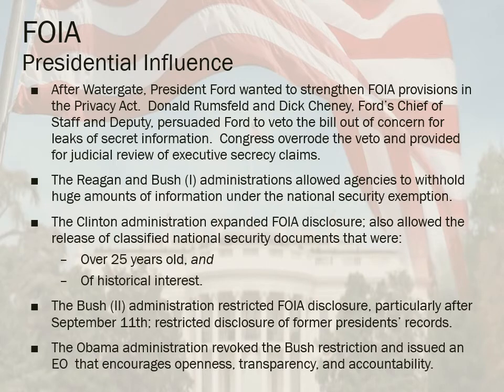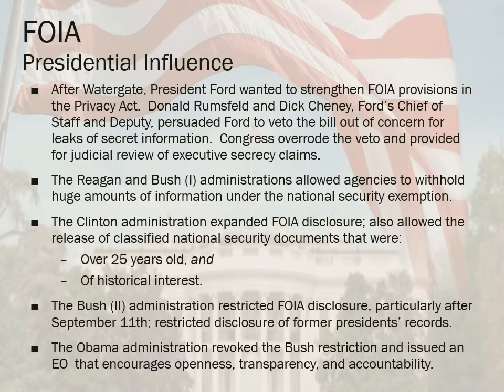So FOIA is very susceptible to presidential influence. After the Watergate scandal, Congress wanted to strengthen FOIA to favor more disclosure. And then President Gerald Ford was agreeable to that. He thought more transparency would be good.